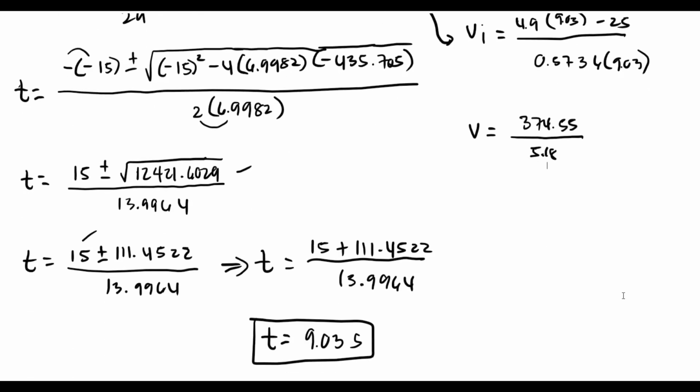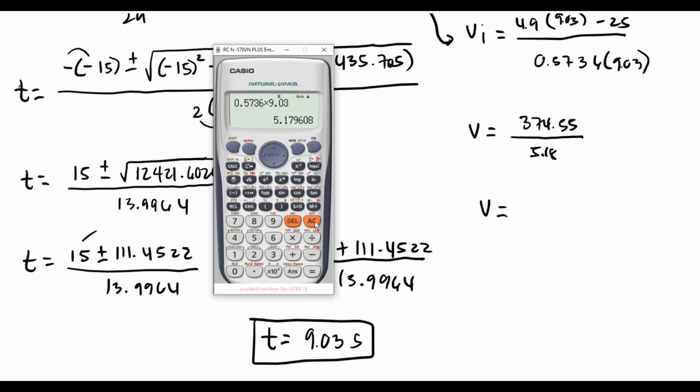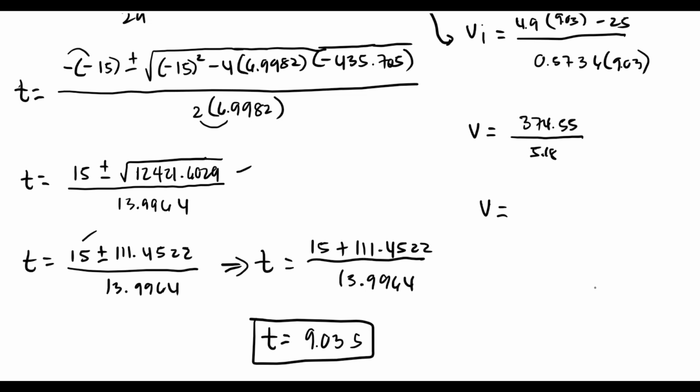Then to solve for the velocity, 374.55 divided by 5.18. So the velocity is 72.31. So again, the velocity is 72.31 meters per second.